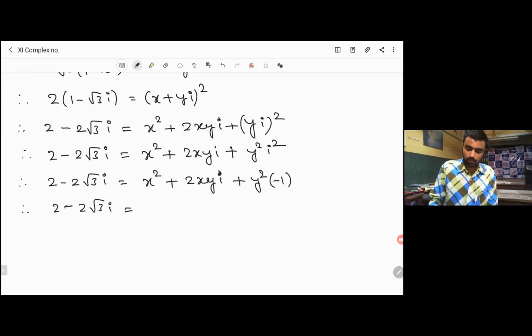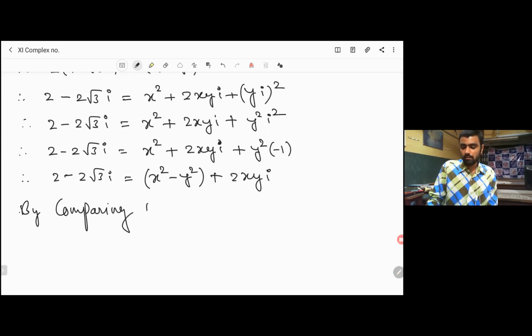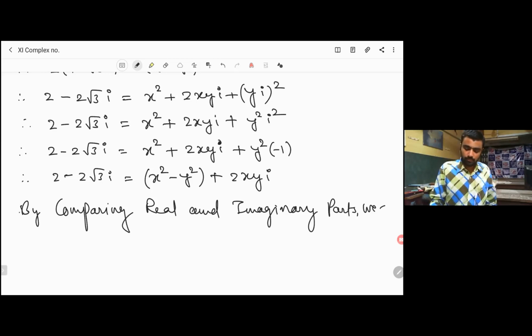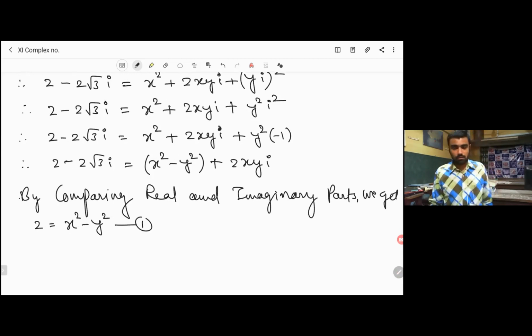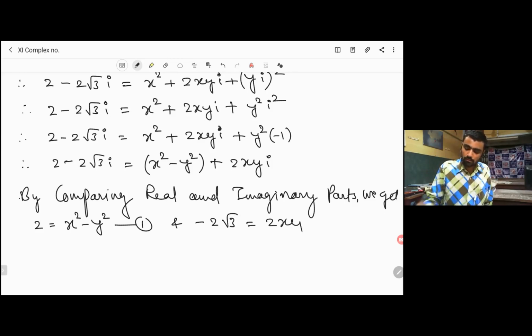Now by comparing real and imaginary parts, we get 2 is equal to x square minus y square. This gives number 1, and minus 2 root 3 is equal to 2xy. ध्यान रखना स्टूडेंट, यहाँ माइनस है बीच में, तो माइनस साइन उसके साथ में गिननी चाहिए.